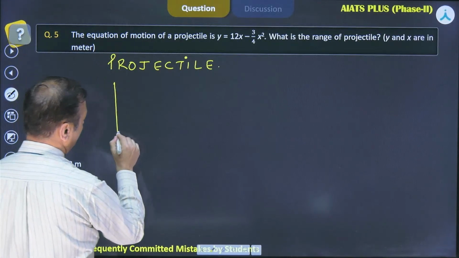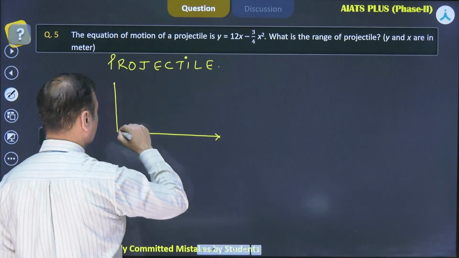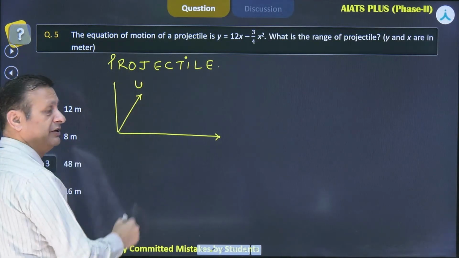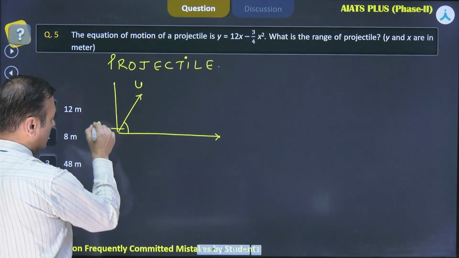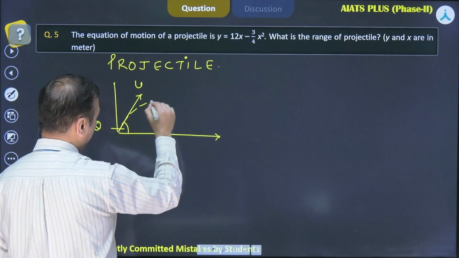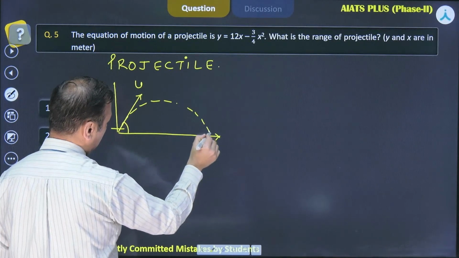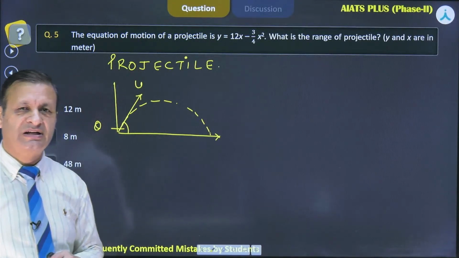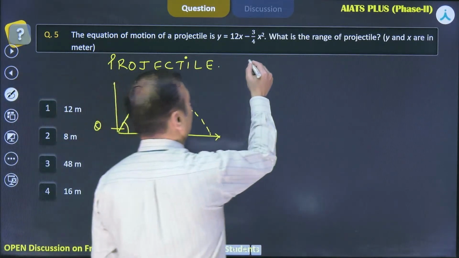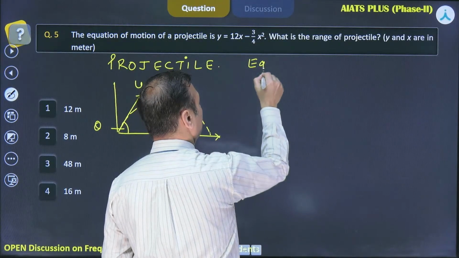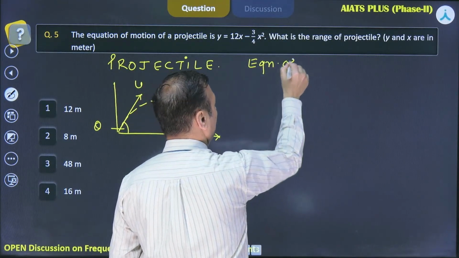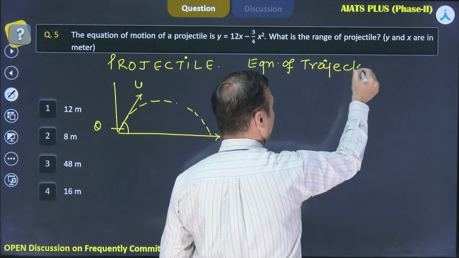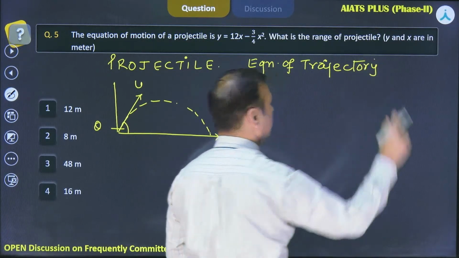And if you look at the situation, you project a particle with some speed u at an angle theta, and it definitely follows a path like this. And you know, this path is basically the trajectory. And for a projectile, what is the equation of trajectory?